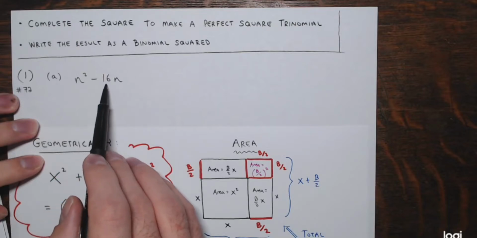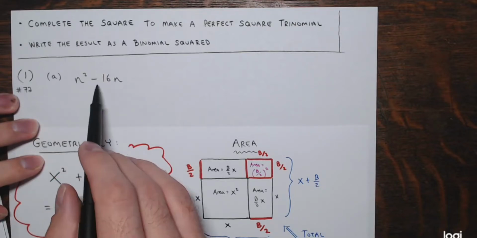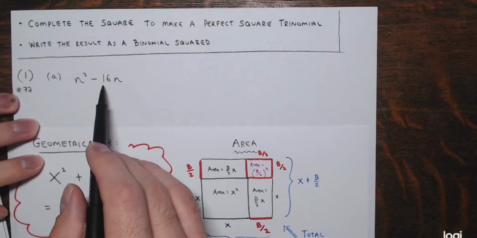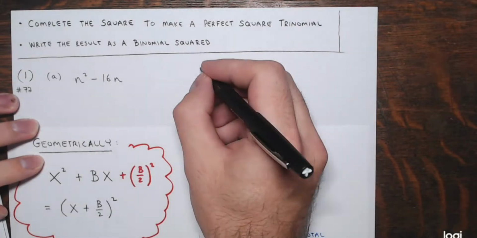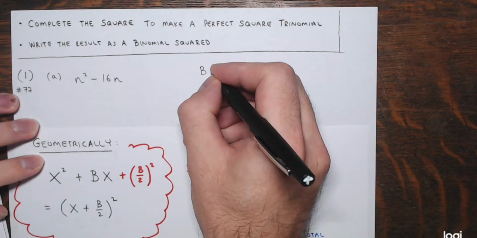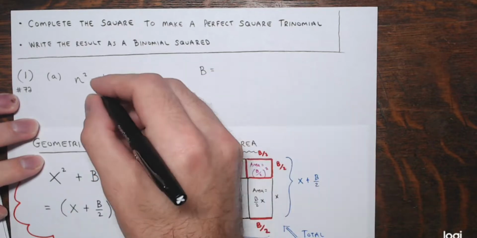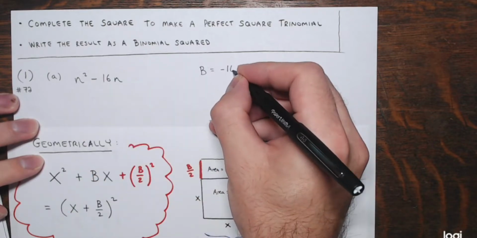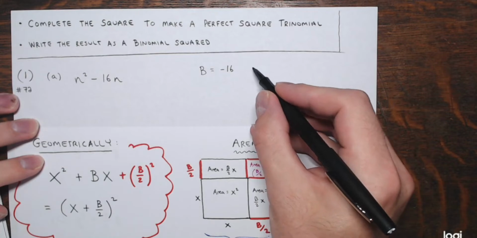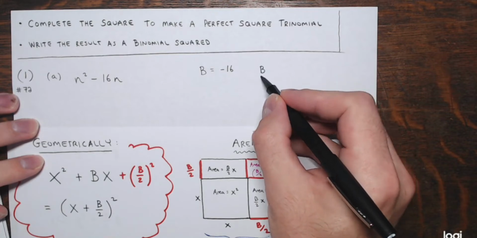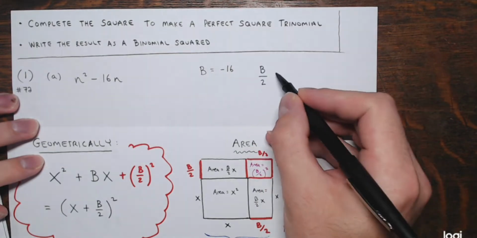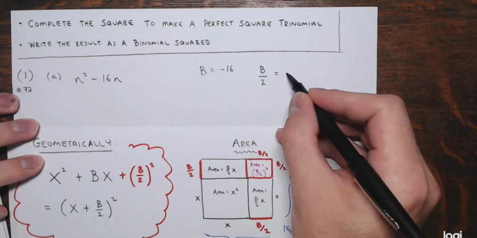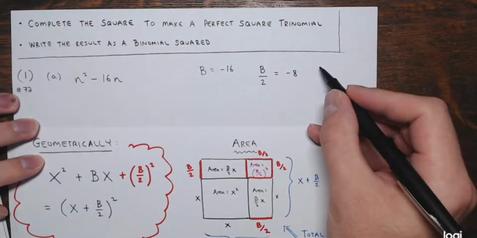And the coefficient here is negative 16. So the b from my little form is negative 16. The first step was to find half of b. b divided by 2 would be negative 8. And then square this.